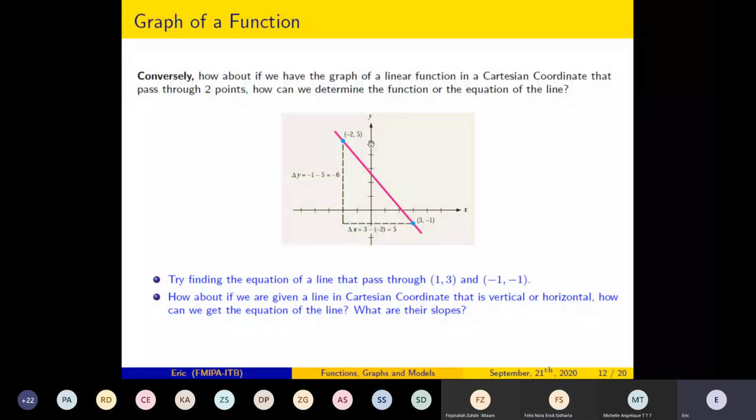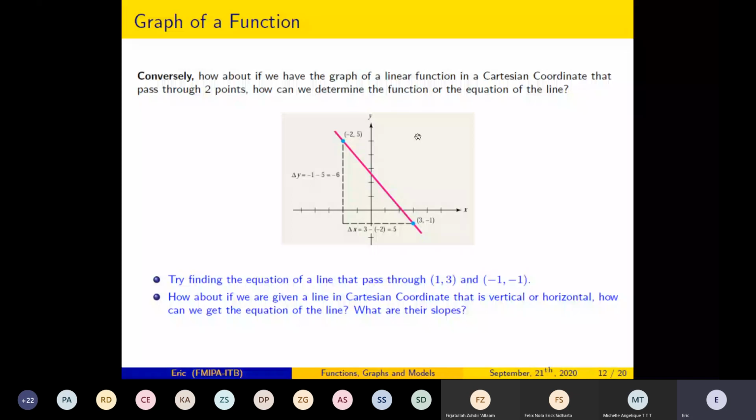So the change is -1 minus 5, that is -6. From 5 to -1, you have 6. What about x? From -2 to 3, you have 5.